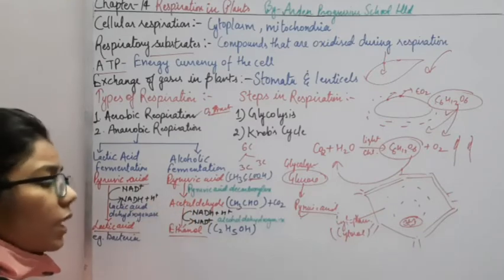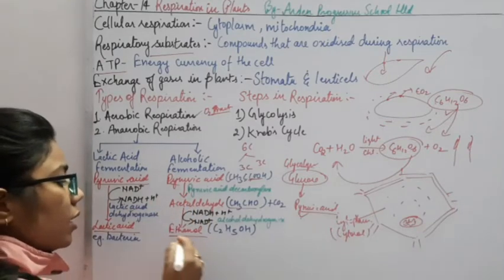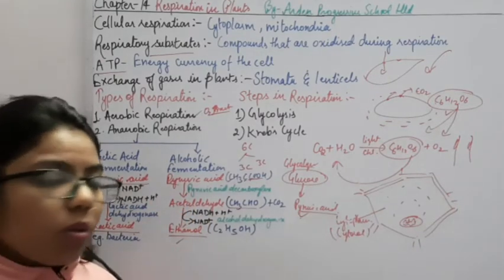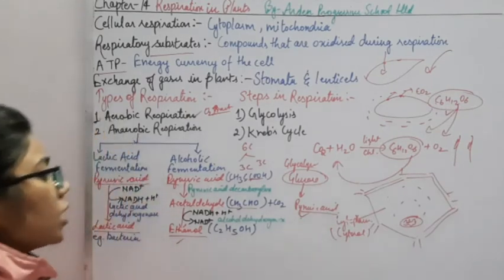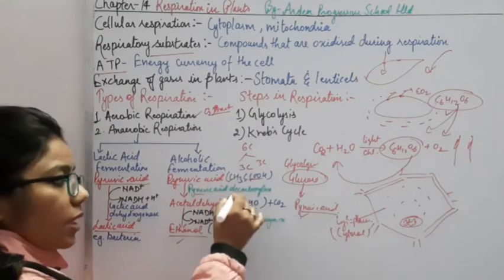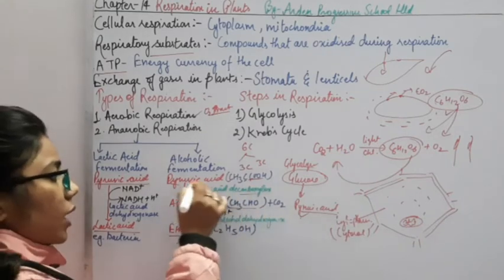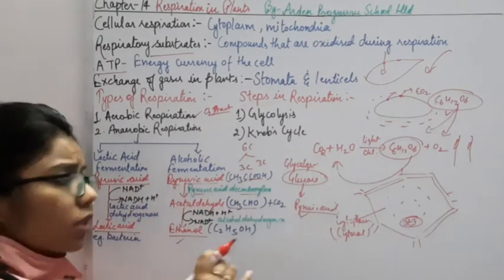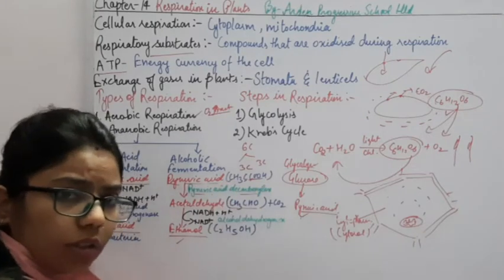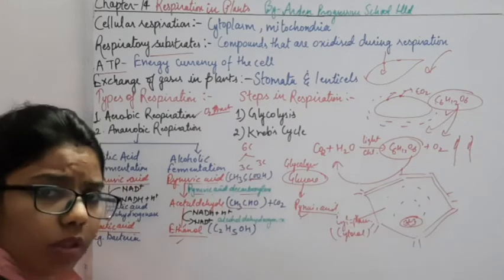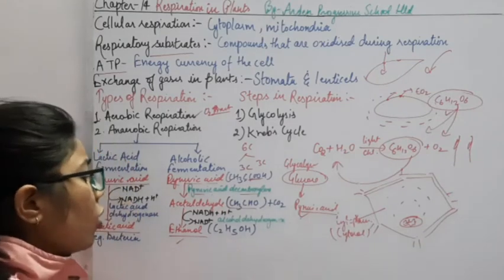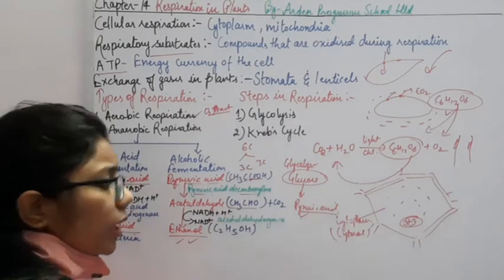And this acetaldehyde undergoes another step and forms alcohol, and this alcohol is ethanol. The enzyme used here is pyruvic acid decarboxylase. Why? Because the pyruvic acid is going to be decarboxylated, right? So for decarboxylation, which enzyme is required? Decarboxylase enzyme. Now coming to the other one, ethanol.